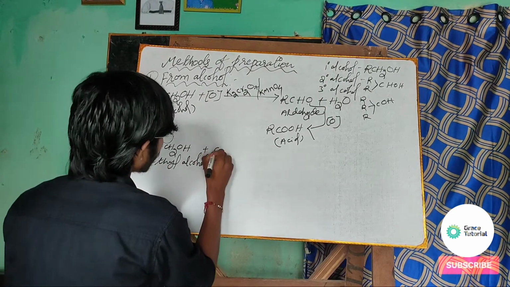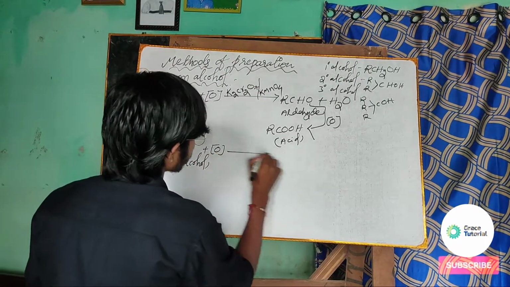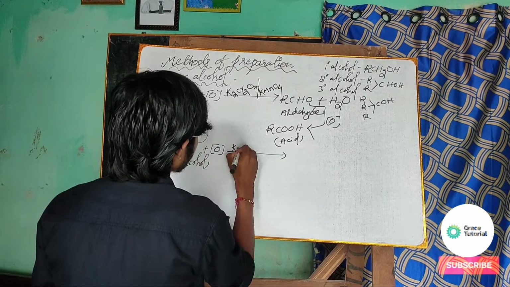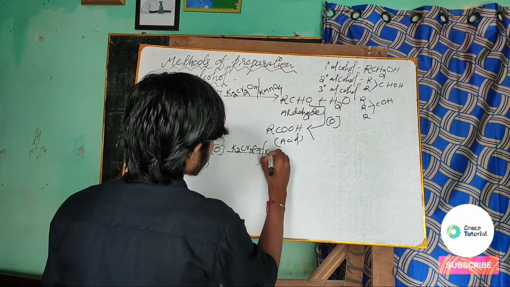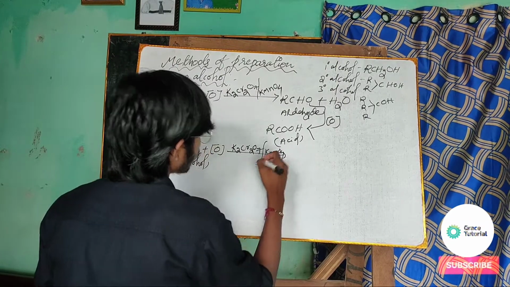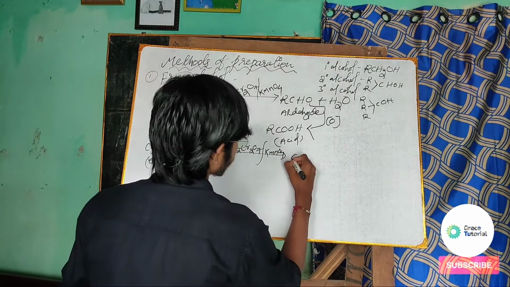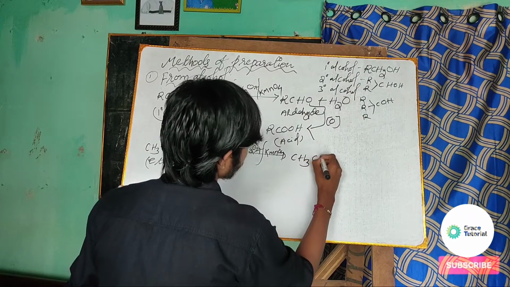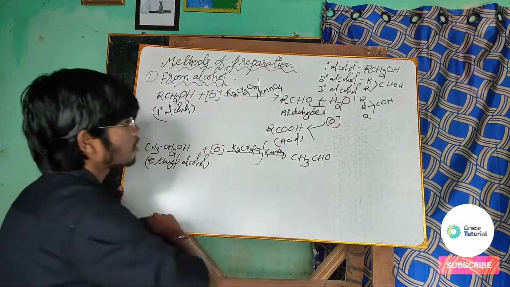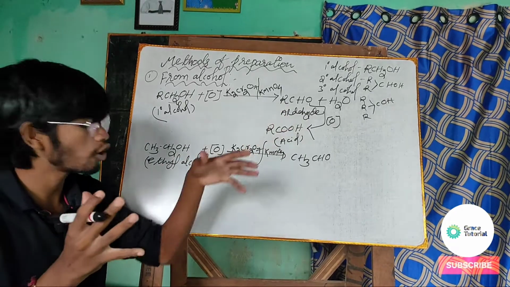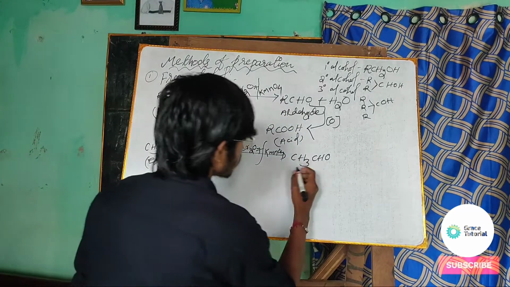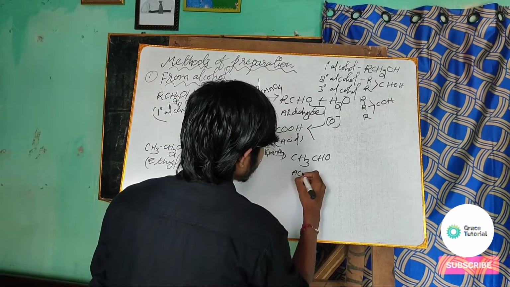When this ethyl alcohol gets oxidized in the presence of K2Cr2O7, potassium dichromate, or KMnO4, potassium permanganate, then CH3CHO. Here I have just placed the methyl group in the place of this R. So what is the name of this compound?